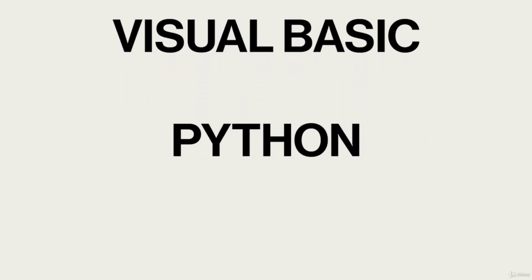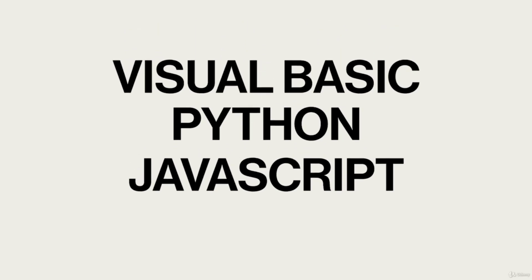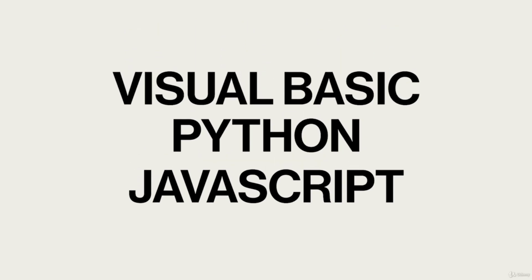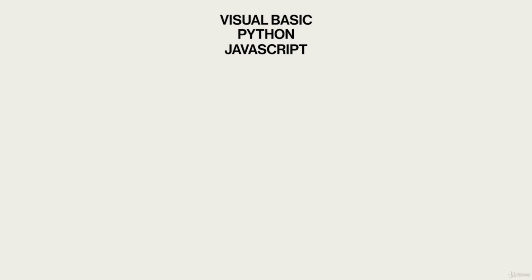In that case, we need something known as an interpreted program. Interpreted programs have names like Visual Basic and Python and JavaScript. Now, the idea behind these is that we still write these programs out in some kind of programming language, but something very different happens. With these, built into every different operating system is what we call an interpreter.